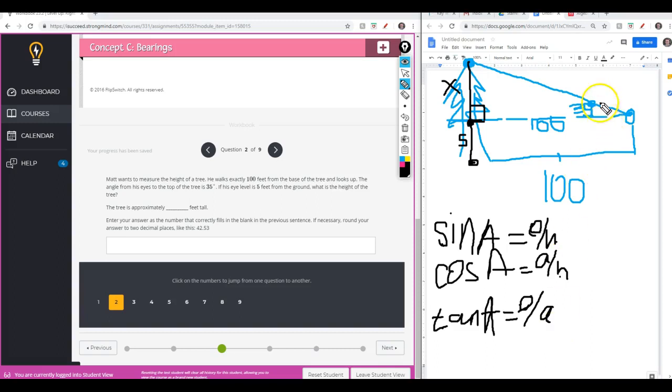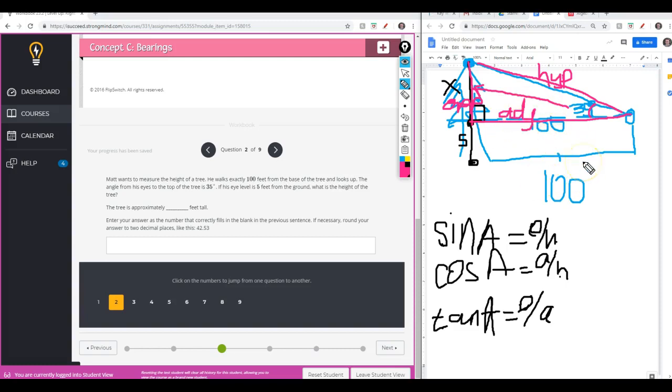So let's mark this triangle according to what we have from our angle. From this angle, the side length directly across from it is always going to be our opposite side length. The side length across from the 90-degree angle is always going to be our hypotenuse. And the one that is touching the angle, the other ray, but is not the hypotenuse, is the adjacent side length.